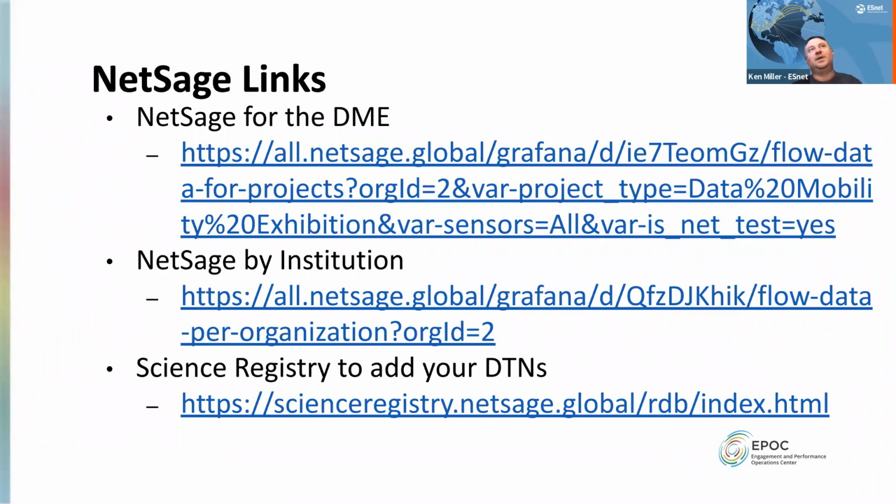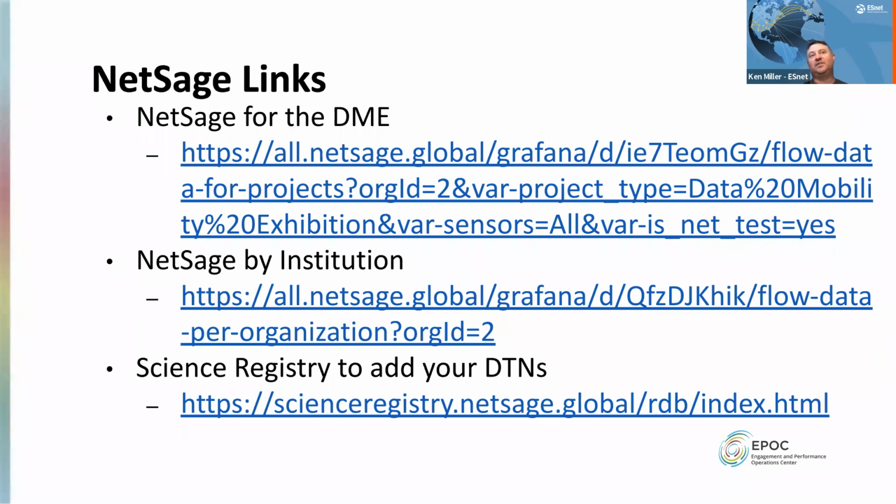Here are some NetSage links. We'll get into this a little bit later. The data mobility exhibition is linked directly there and shows you the data transfers to and from the data transfer nodes. If you want to see your NetSage traffic by institution, this is that top 10 flow report we're looking at. That second link is there if your data is going through a regional somewhere; we probably have some of your data going through there, at least across the RNE, so you might see that directly.